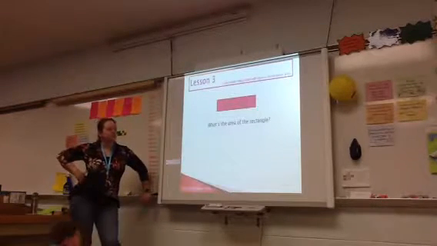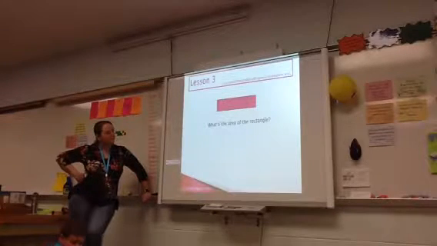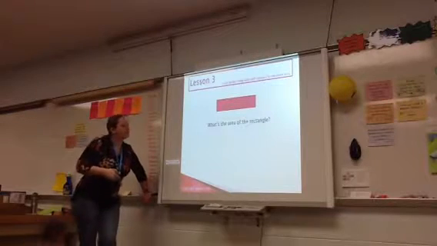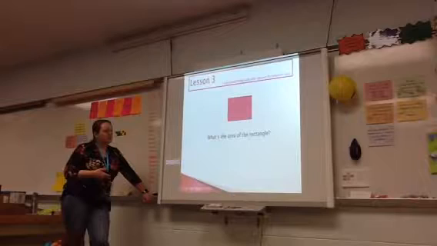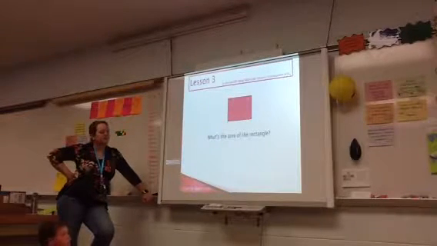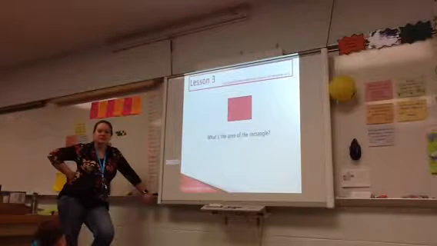What's the area of this rectangle? Ashley. 4 square units. Count them again, my dear. Oh, 5 square units. 5 square units. Yes. What's the area of this rectangle? Trey. 3 square units or 6?